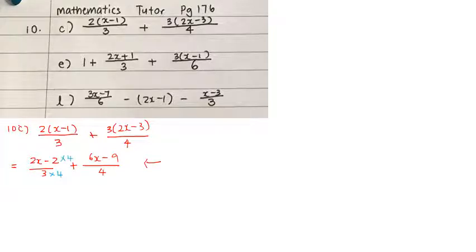And for the second fraction, I must multiply top and bottom by 3. We will have 4 times of 2x minus 2 over 12 plus 3 times of 6x minus 9 over 12.